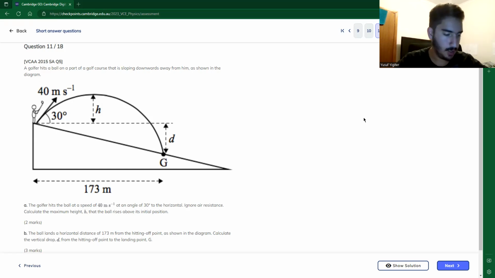Now, 9.8 times 2 is 19.6. Divide 400 by that, and it gives you 20. Oh, so that should be it. Yep. So the height should be, that's a 2 mark question, height equals 20 point.